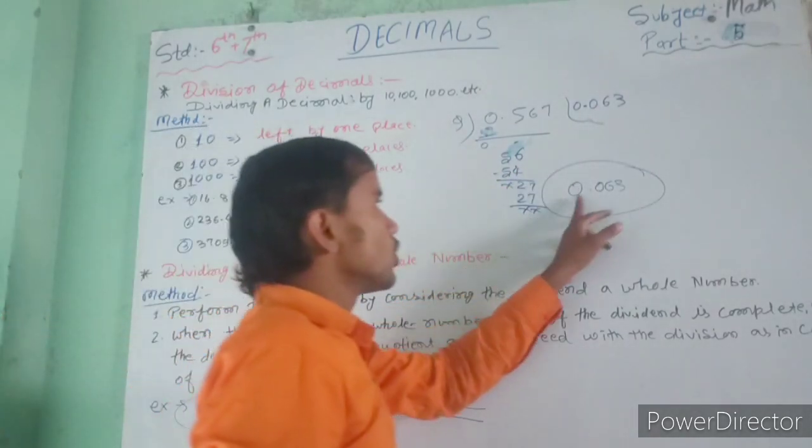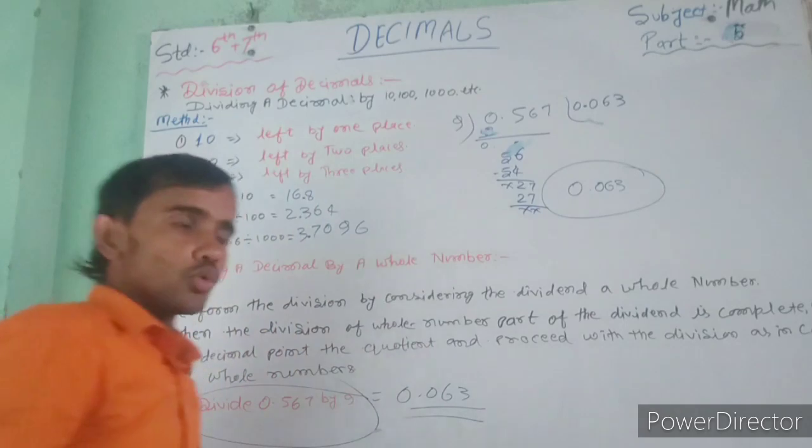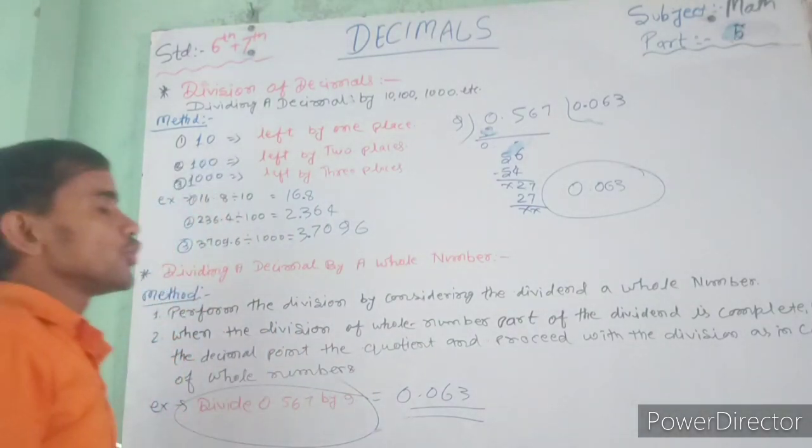So your answer is 0.063. Firstly, complete it and write it in your copy.